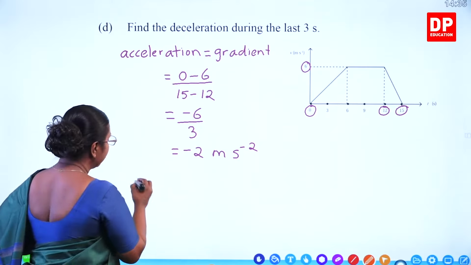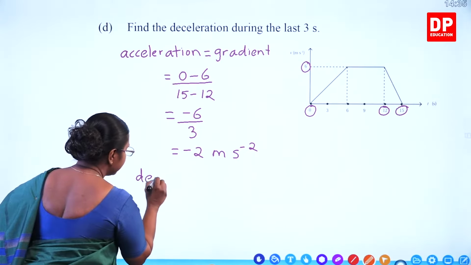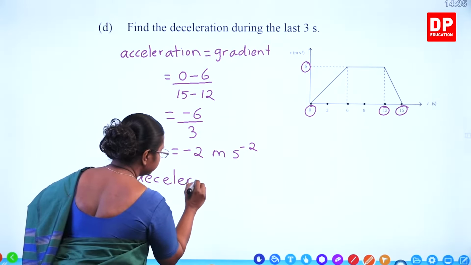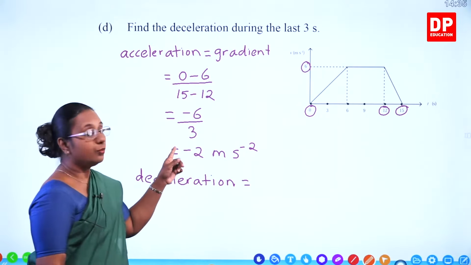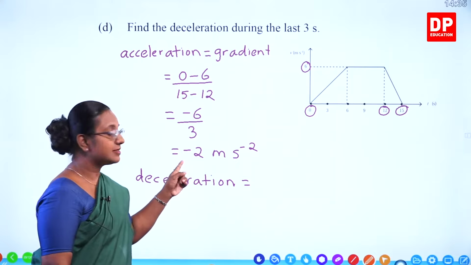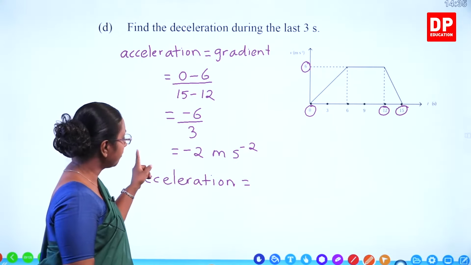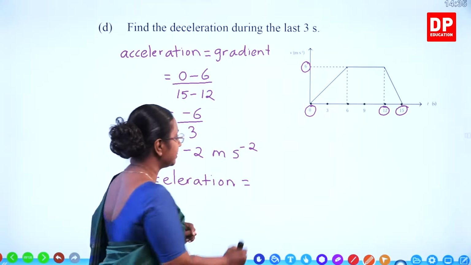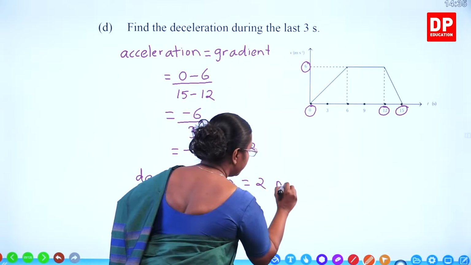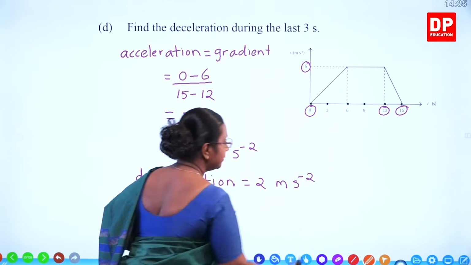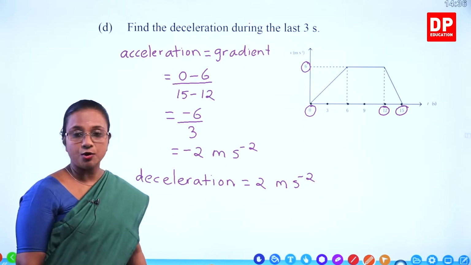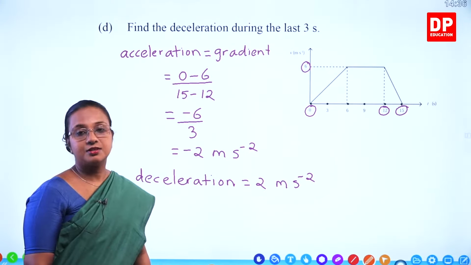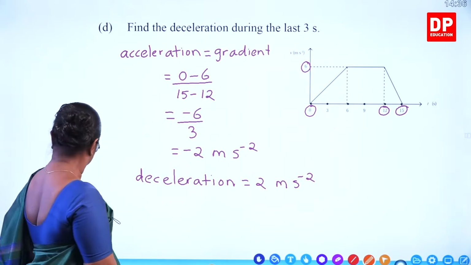Then we have to rewrite it as deceleration is equal to, when we rewrite minus acceleration, we take off the minus, we write it as deceleration, 2 meters per second squared. So, that is the deceleration of the object during the last 3 seconds.